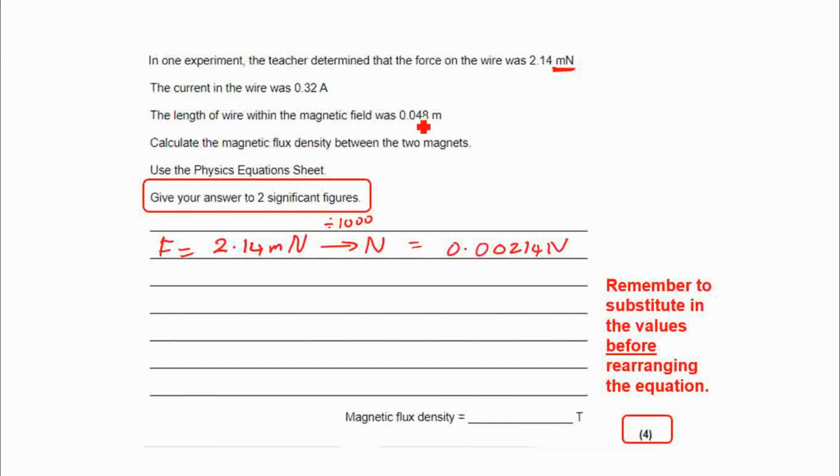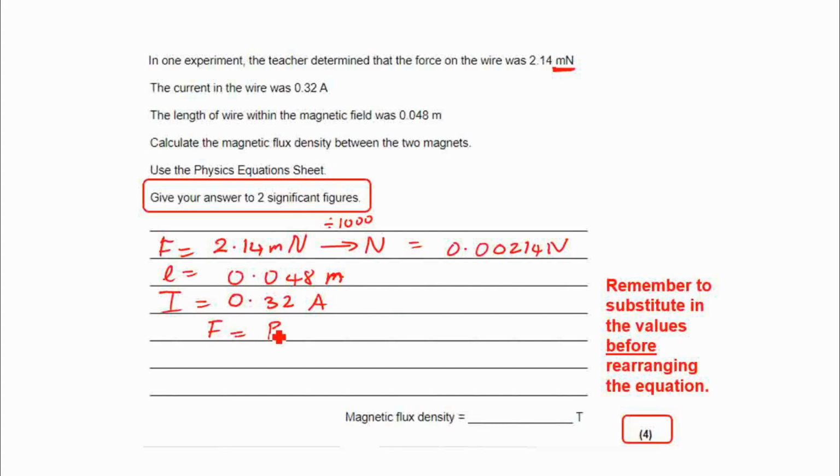What else has been given in this question? They've given you the length of the wire, which is 0.048 meters. Okay, what else have they given to you? They've given you the current, 0.32 amperes.